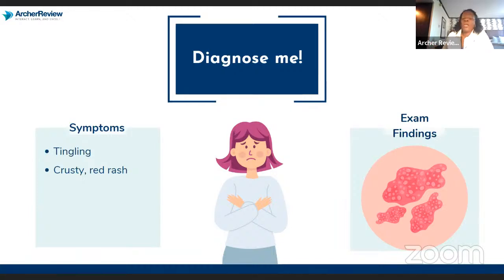Herpes keratitis is an infection of the cornea caused by HSV. I don't know if you did the STI webinar, but we talked about HSV, herpes simplex virus. It typically heals without damage, but in severe cases, it can lead to scarring and blindness.